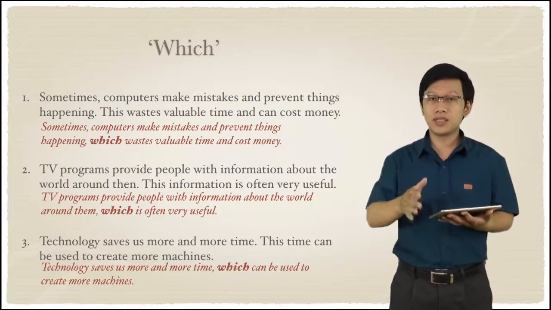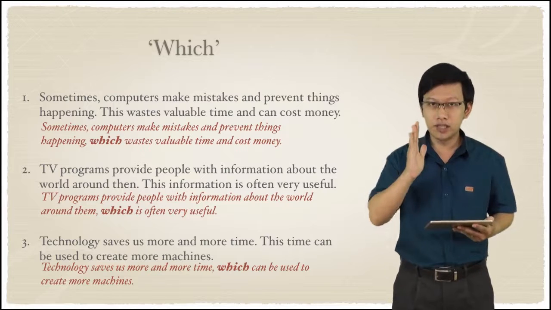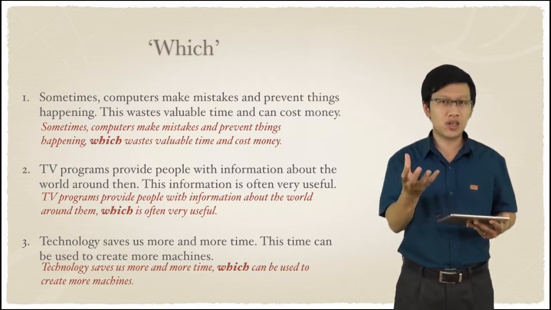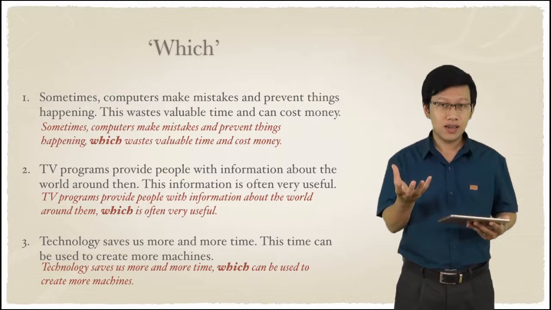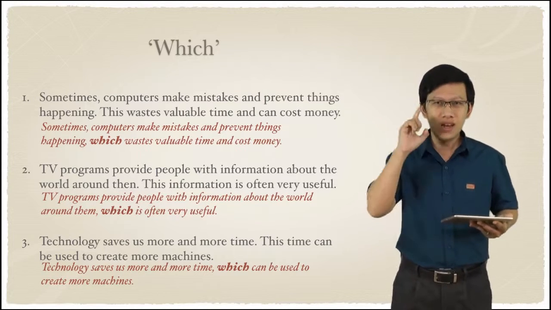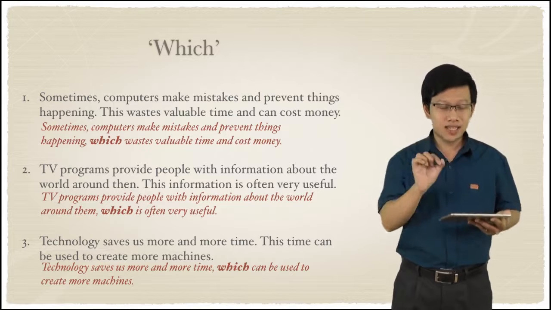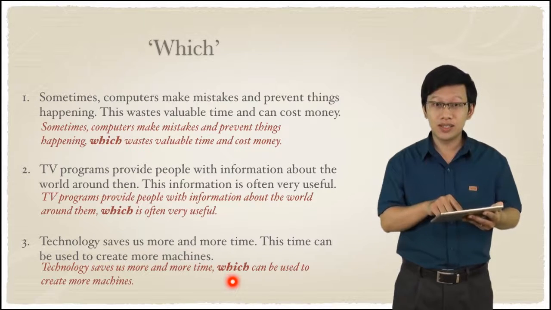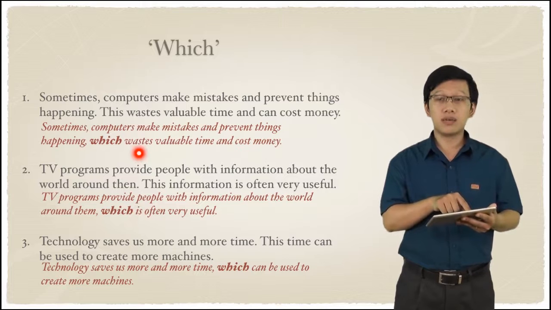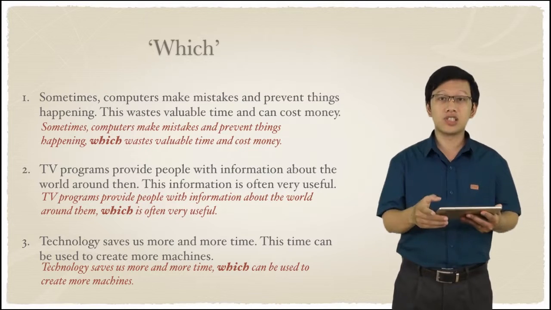So again, sometimes it's not very clear. The point is, you gotta be able to use which to connect when your ideas are related. The IELTS examiner doesn't care whether you know what you are connecting, as long as you make a correct connection. Which can be used, which is very helpful, which wastes time and money, you're gonna score points.